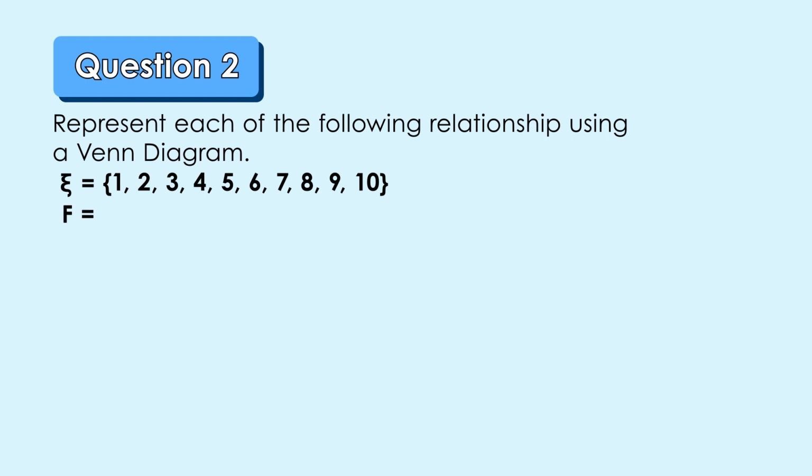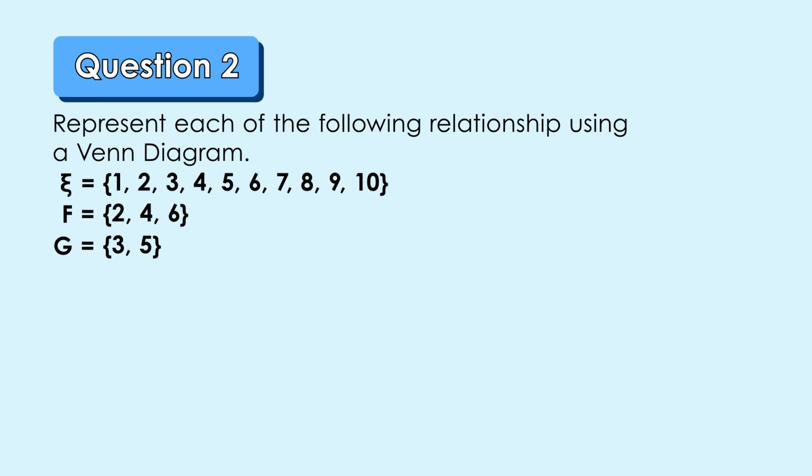Set F equals 2, 4, and 6. And set G equals 3 and 5. How does the layout of the Venn diagram look like? Let's do it together, shall we?